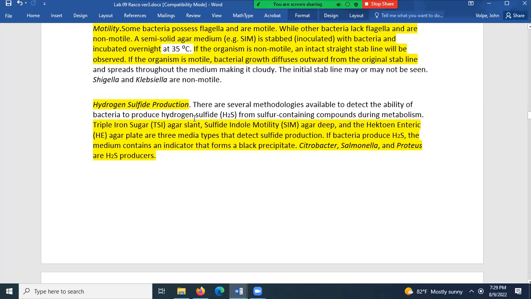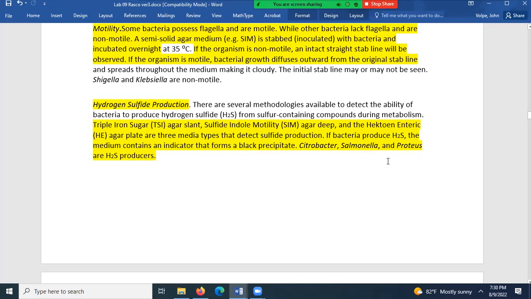We test for hydrogen sulfide production in either the triple sugar iron or TSI test, the sulfide indole motility test or the SIM test, or the Hektoen enteric agar or HE plates. Each of these three different tests can test the production of hydrogen sulfide. If hydrogen sulfide is produced, you'll see a black precipitate in the tube or on the plate.